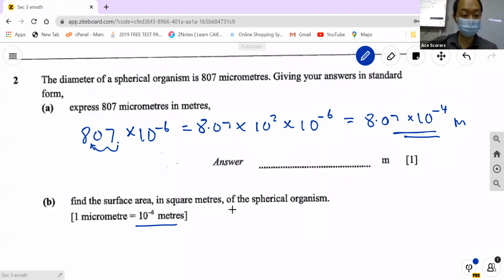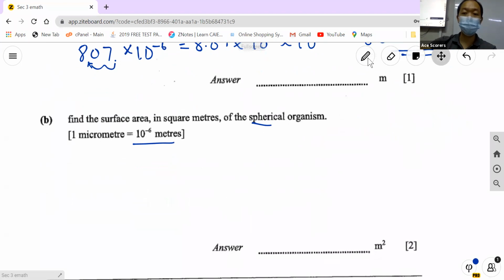in square meter. Because it's spherical, what's the formula? We have the diameter, which is this number. According to the formula sheet, the surface area of a sphere is 4 pi r squared. So we take 4 times pi times r squared.